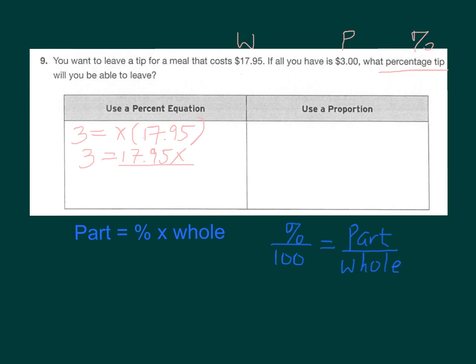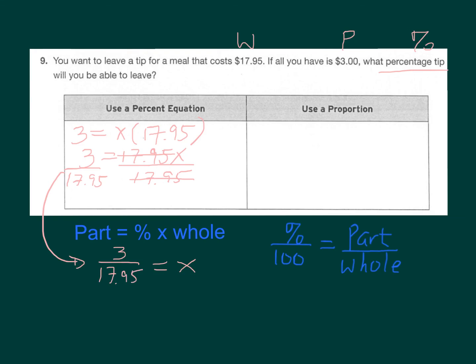So you divide 17.95x by 17.95. Do the same to the left side, 17.95. Okay, then the right side becomes, you can cancel 17.95 now. The right side becomes just 1x, and I will only write it as x. And the left side is 3 over 17.95.